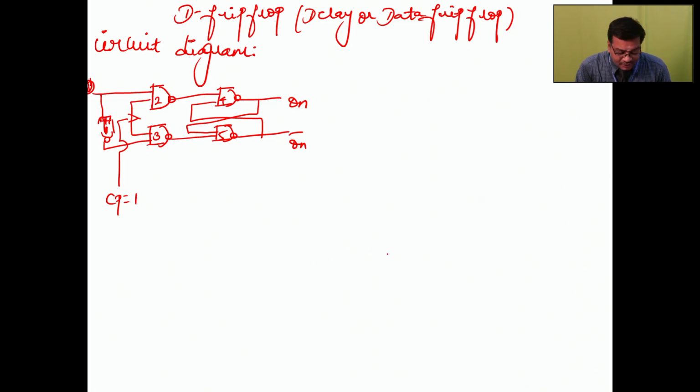So coming to this D flip flop, we are going to determine the truth table as well as the characteristics table.